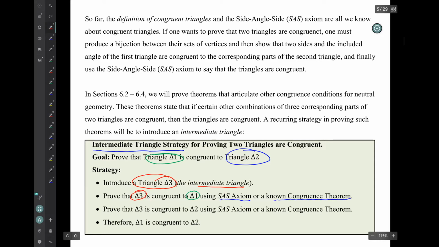And then prove that triangle 3 is congruent to triangle 2 using, again, either the side-angle-side axiom, or if any are known, you can use some other congruence theorem. And then finally, you can conclude that triangle 1 is congruent to triangle 2.